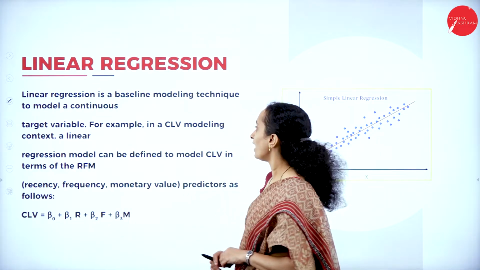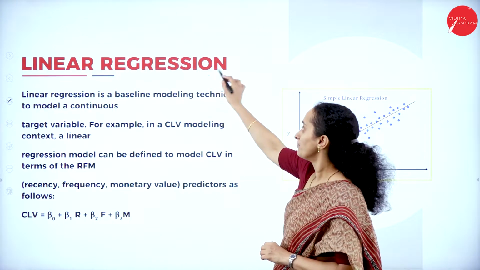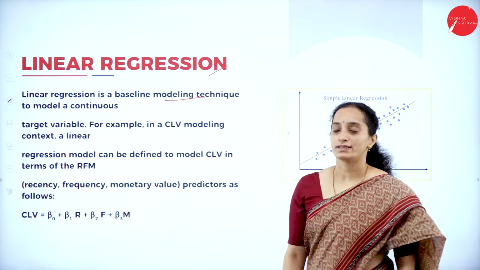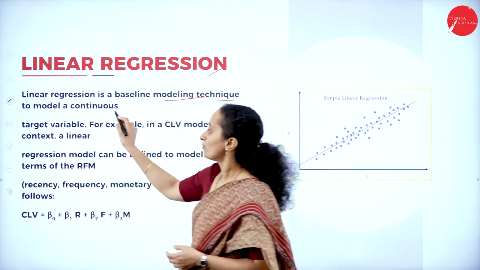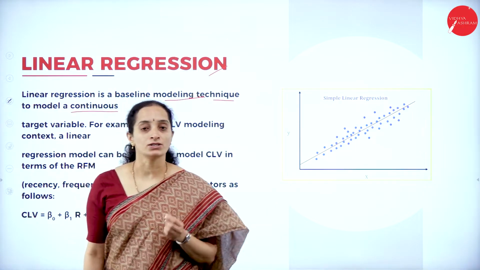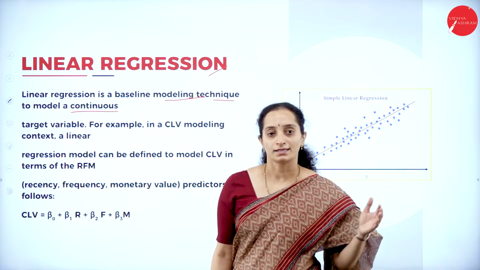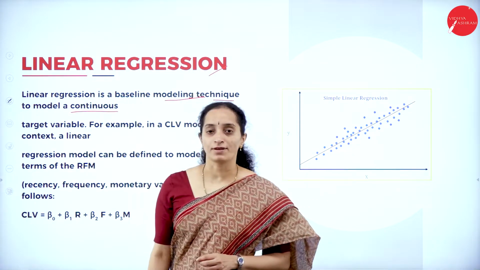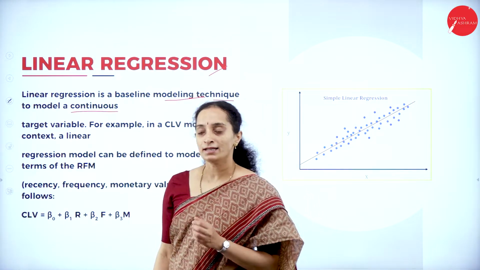Here we have a linear regression model. Linear regression is a baseline modeling, a simple straight line modeling technique to model a continuous target variable. There will be continuous variables coming for a data. That continuous target variable will be handled by linear regression.